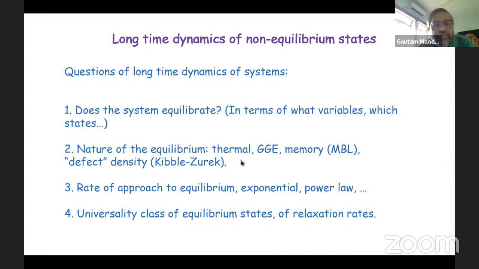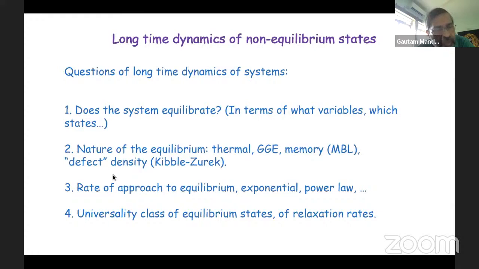And the nature of the equilibrium. The equilibrium may be thermal if there is only one conserved quantity, the energy, or it could be the GGE, the generalized Gibbs ensemble, which is characterized by infinitely many parameters, or it could have some memory of the initial state, like in the many-body localization systems, or it can have a defect density after the quench.